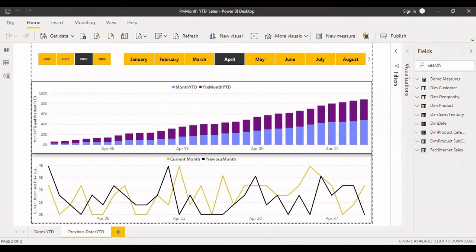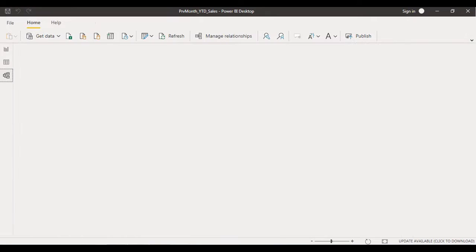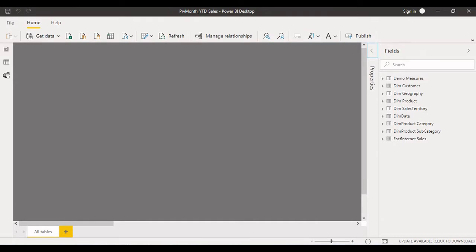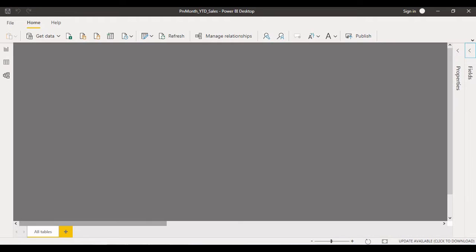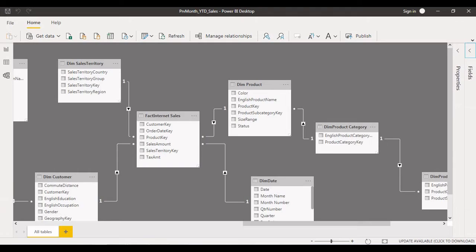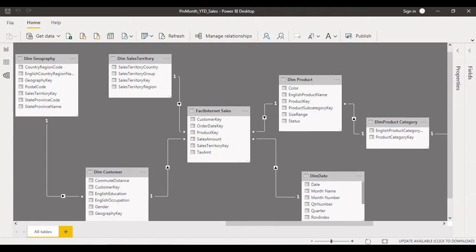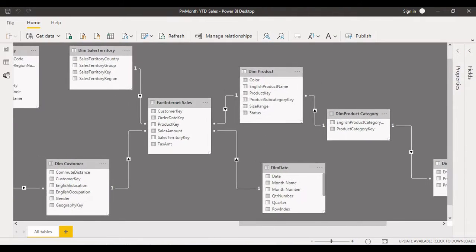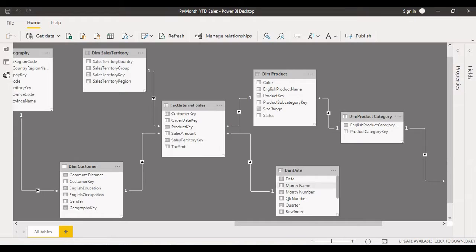Now let's go to the model tab. Let me collapse these two and scroll down a little bit. You can see that I have already established the relationship between these dimension tables and fact tables. For example, if I place the mouse on any of these relationships, there is a color highlighting. It means that based on this key column, we are enabling the relationship between the dimension table and fact table.